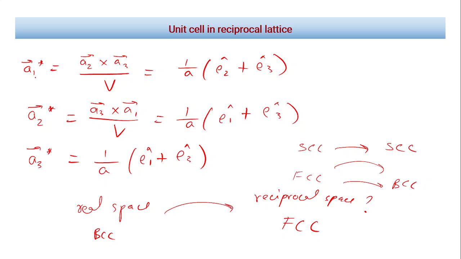So this A1, A2, A3 that were primitive lattice vectors of BCC change to these lattice vectors A1 star, A2 star, A3 star, which are actually FCC. How do we know that? Because now let's check what will be the primitive lattice vectors for FCC in real space, and then you will see these will be the same.